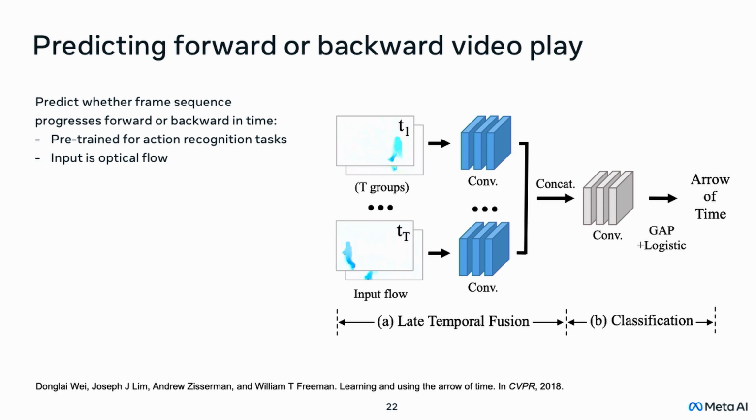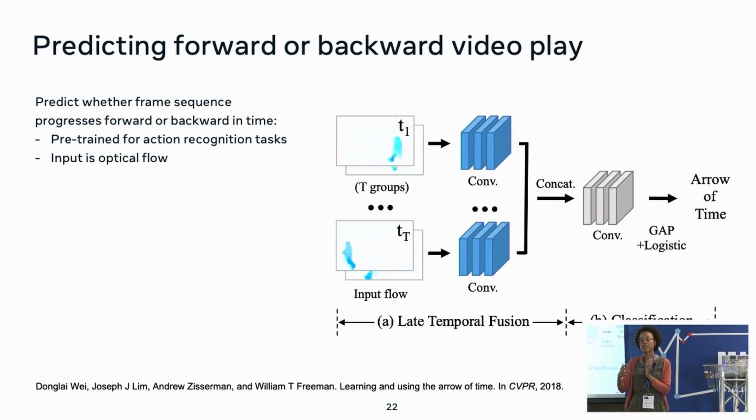What I think is interesting about this work is that rather than use RGB frames as input, what they use instead is optical flow frames, right? Optical flow frames you can think of as computed from two consecutive frames in a video sequence, for example. And what you compute from this pair is a displacement of each pixel in the original image.